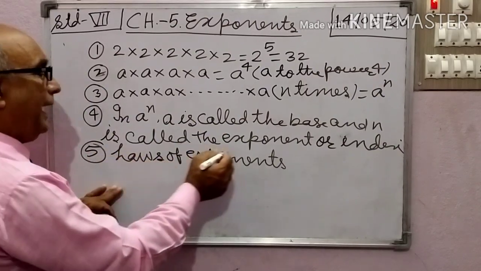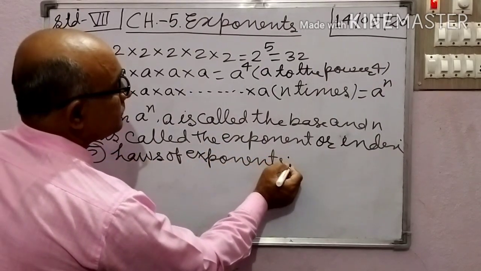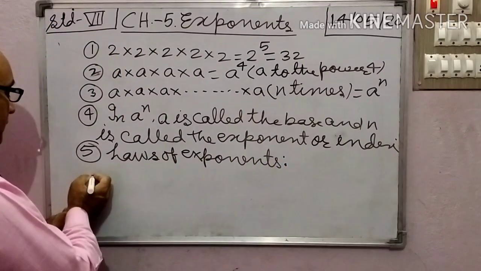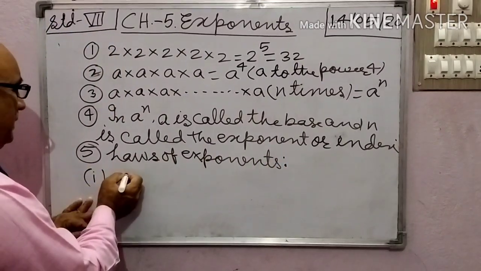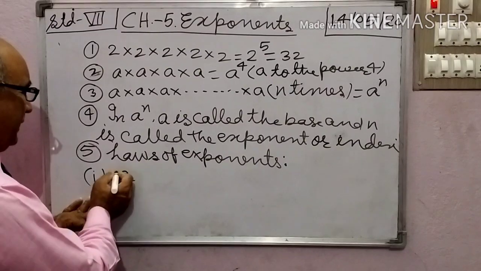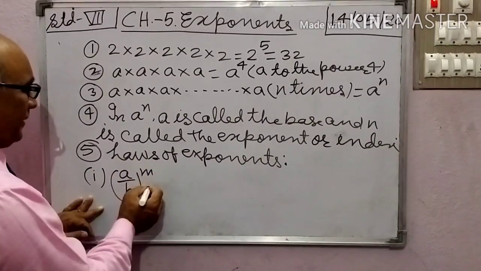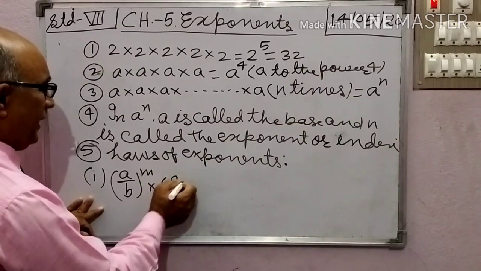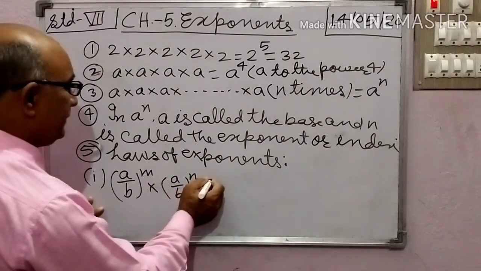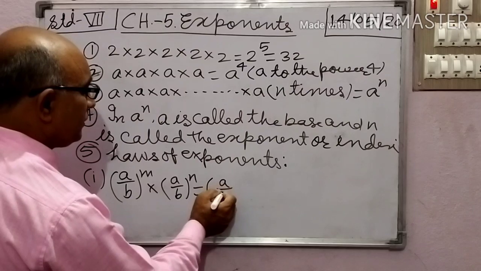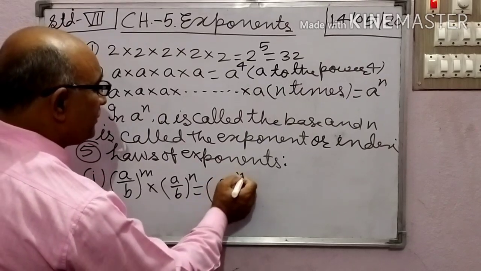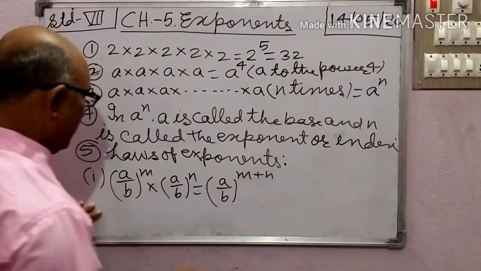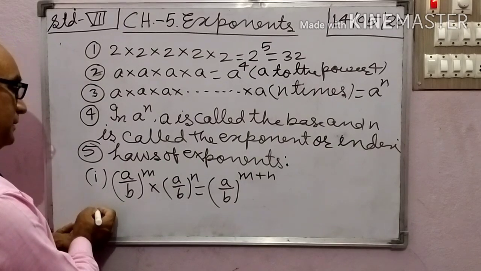Now laws of exponents. First law: (a/b) to the power m multiplied by (a/b) to the power n equals (a/b) to the power m plus n.